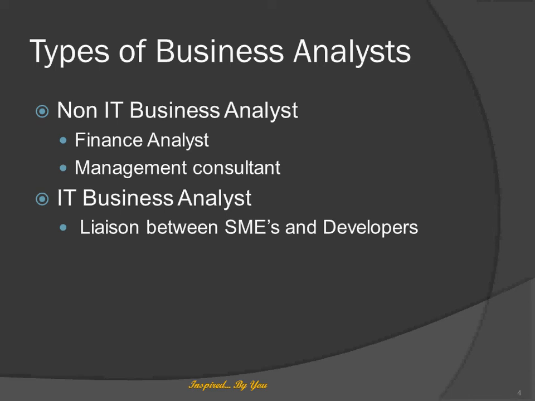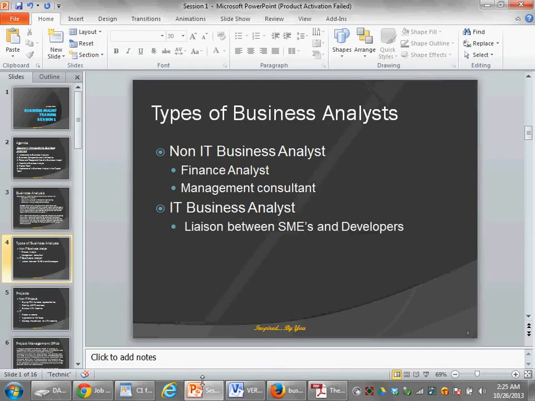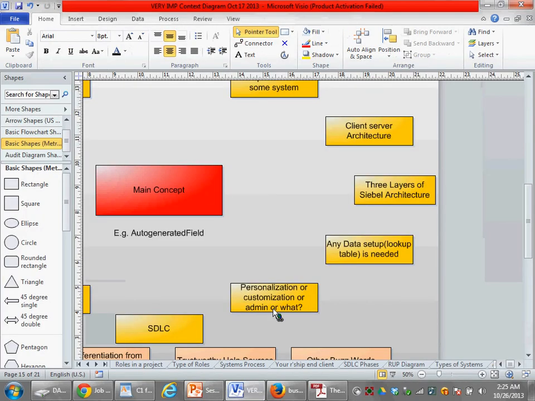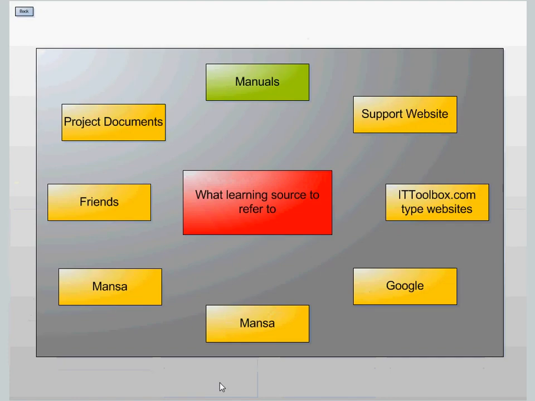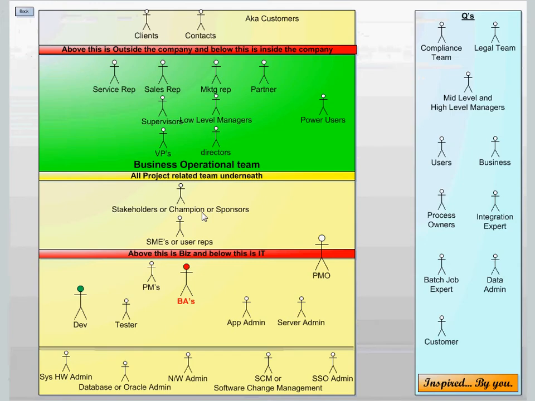It is essentially an IT role. When a software project is conceived, that's when they need a business analyst to act as a liaison between SMEs and developers. Remember, this is the most important context. He acts as a liaison between SMEs and developers.